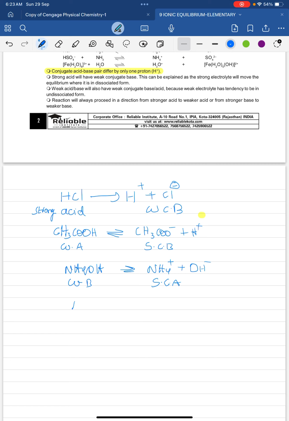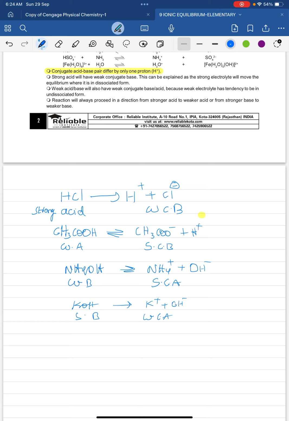If I choose KOH, it dissociates into K plus and OH minus. So it is a strong base, the corresponding one is a weak conjugate acid. This is the vice versa.